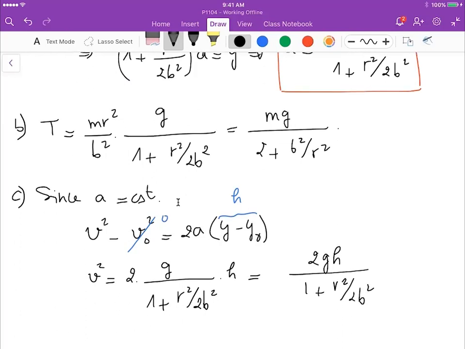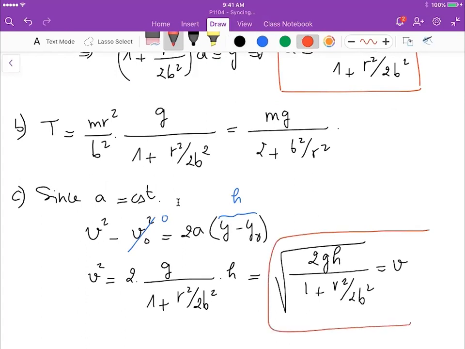Now, if we want to deduce how much is v, we can simply take the square root. بيطلع معنا ال v هي square root ل 2gh divided by 1 plus r squared over 2b squared, and this would be the answer for the speed of the center of mass after the yo-yo has rolled through a distance h.